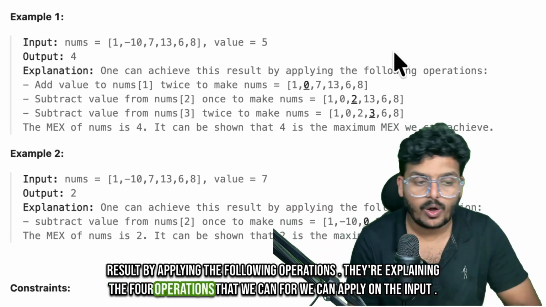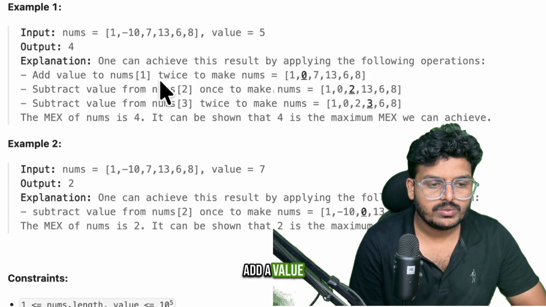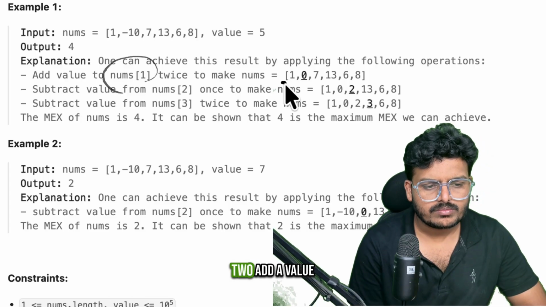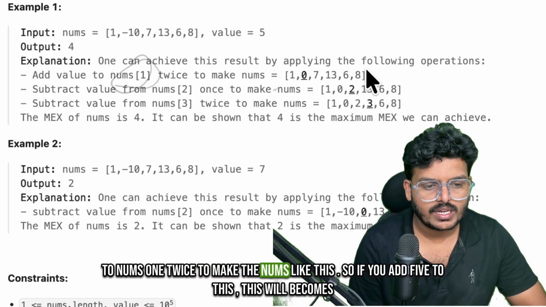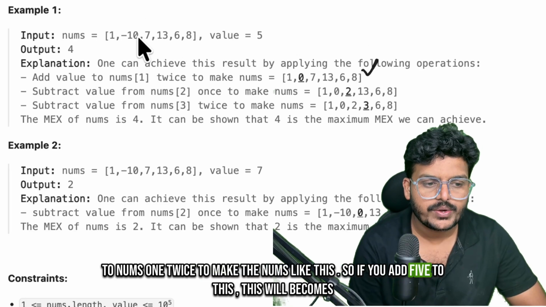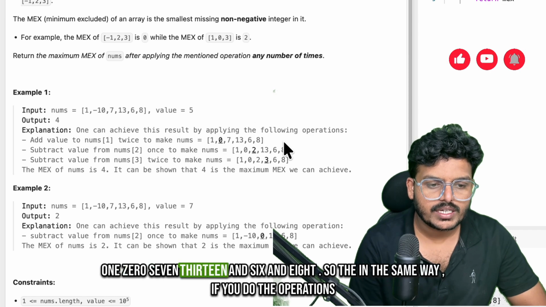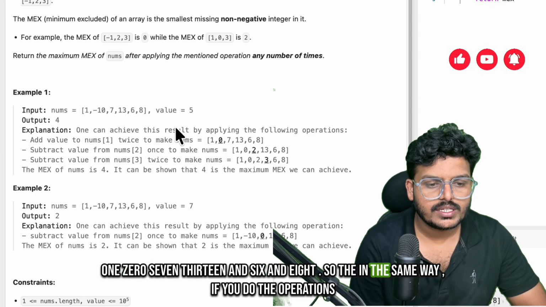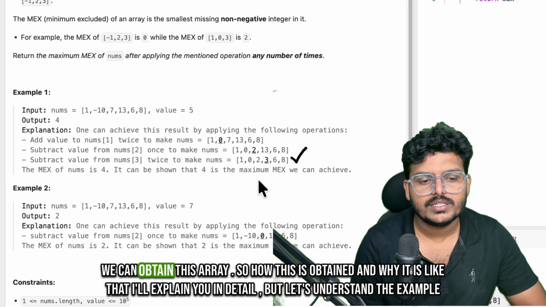Add value to nums[1] twice to make the nums like this. If you add 5 twice to -10, the array becomes 1, 0, 7, 13, 6 and 8. In the same way, if you do the operations, we can obtain this array.